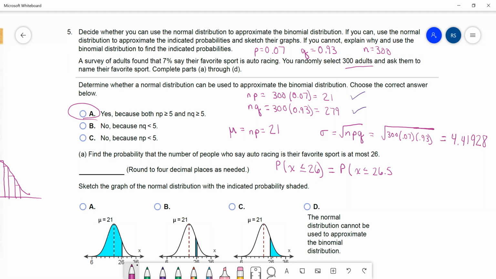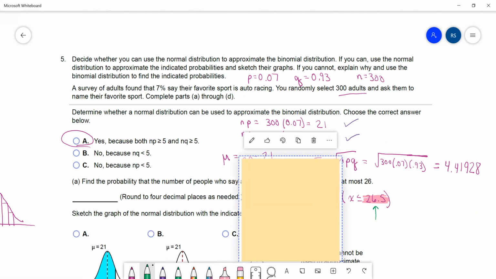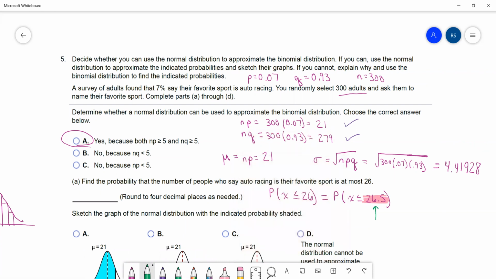We can't go to 27, but remember, our curve is smooth. So we've got to adjust for that smoothness. So I'm going to mark this right here and make a note. Now this is our continuity correction.